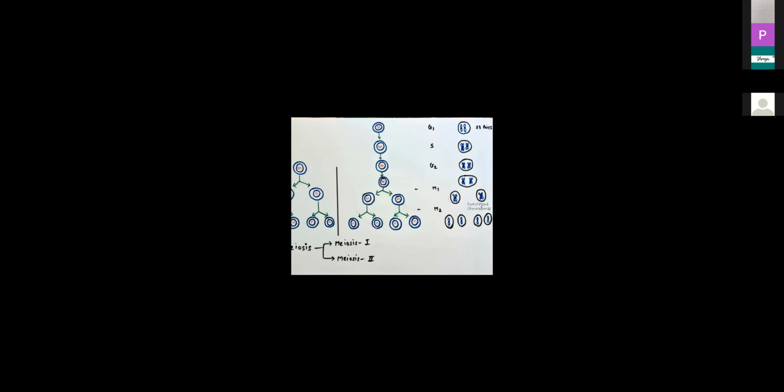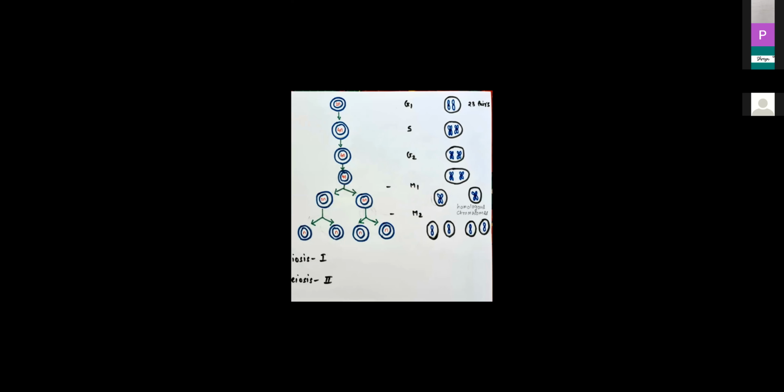Check out this thing. This was a meiosis 1. It was a reduction division, because chromosome number is reduced to half. Look, the cell has 2 chromosomes, here there is 1. So reduction division. This is called as meiosis 2.